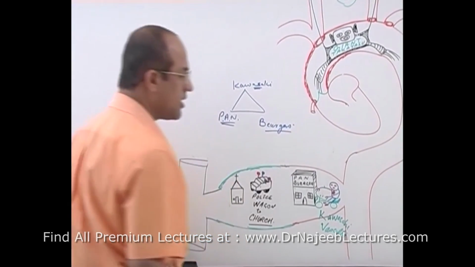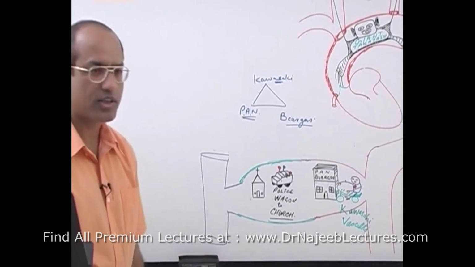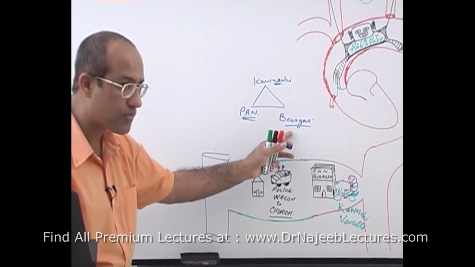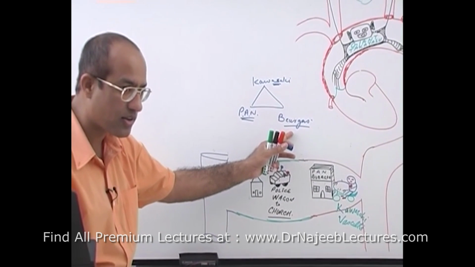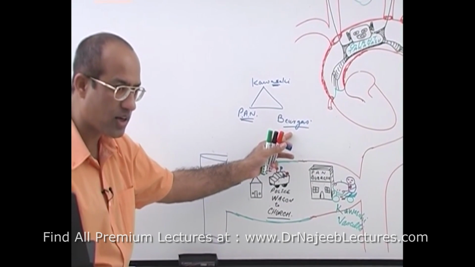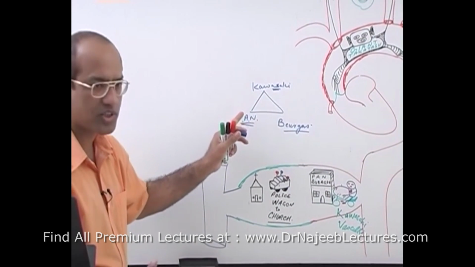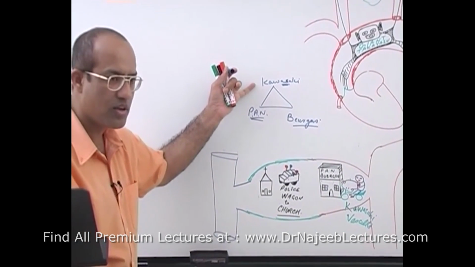Berger's disease is also arteritis of medium-sized vessel, but it is not visceral. This is digital arteries like ulnar arteries, radial arteries, right? So this is very easy, all of them have one unique feature. Kawasaki disease is in infants.